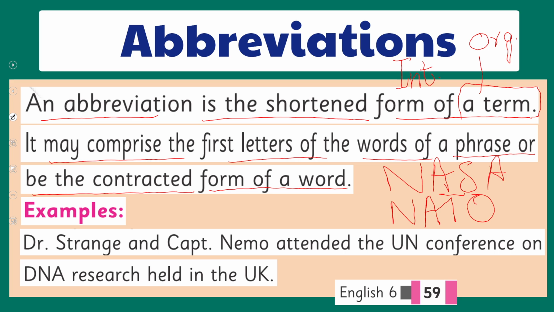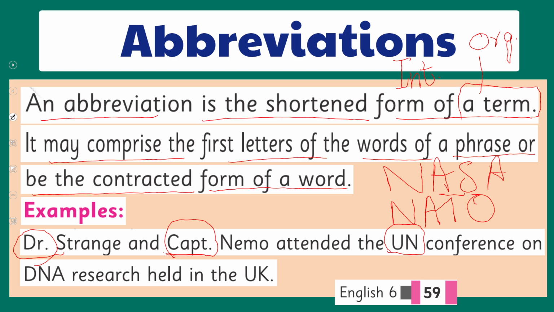We have an example like Dr. Strange. There Dr. is the abbreviated form of the complete word doctor, and we have another example, Capt., which is the shortened form of captain. So Dr. Strange and Capt. Nemo attended the UN. There is another abbreviation, UN, which is the short form of United Nations. So such abbreviations are used across the text and in the dictionary.